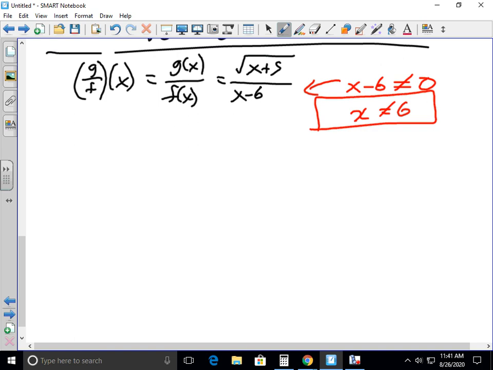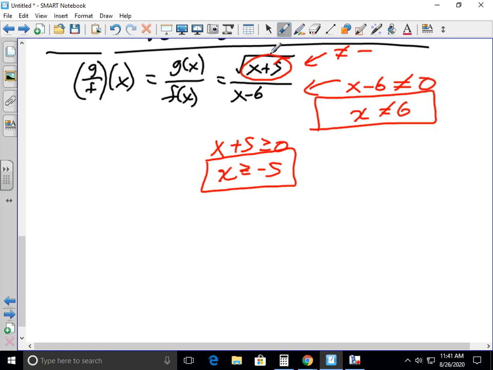But is there anything else that we can't use? Well, we have a square root on top, so we can't use anything that makes that negative. So whatever's under that radical, that has to be greater than or equal to 0. So the only numbers we can use here, we've done this one several times, is x has to be greater than or equal to -5.